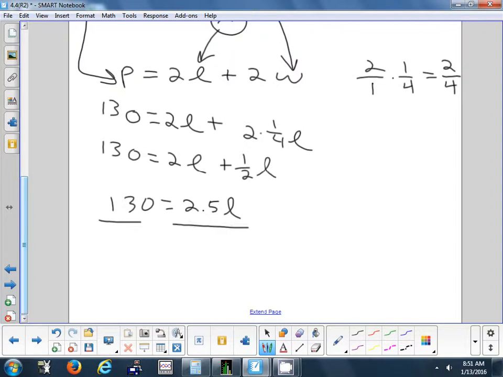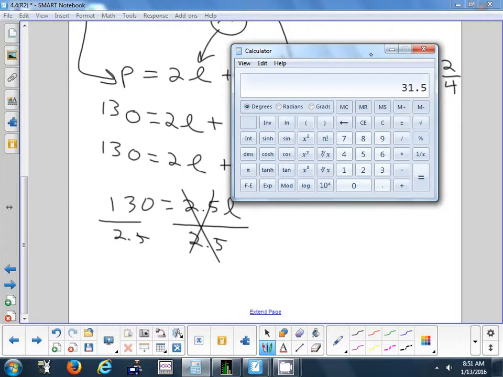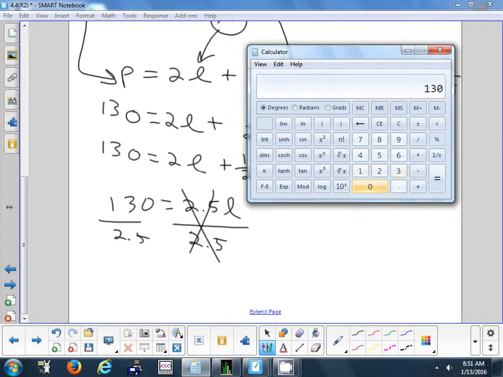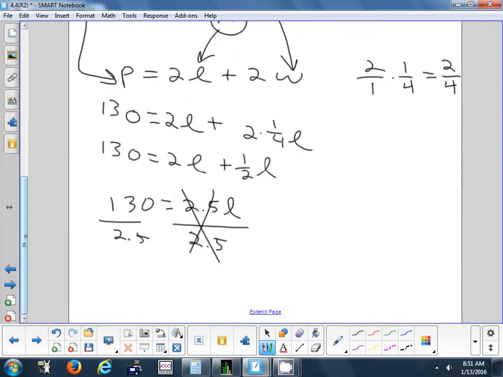Yep, divide by 2.5. Right, so we use our calculator. Take 130, divide by 2.5, and I get a length of 52. What? Inches. Yep, inches.